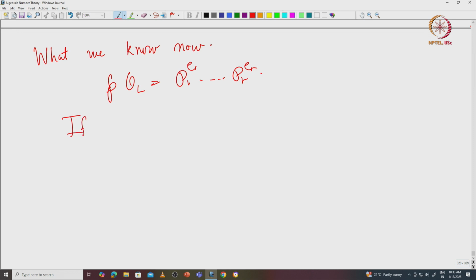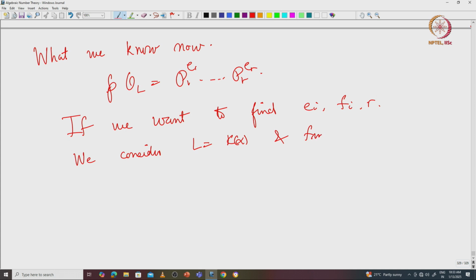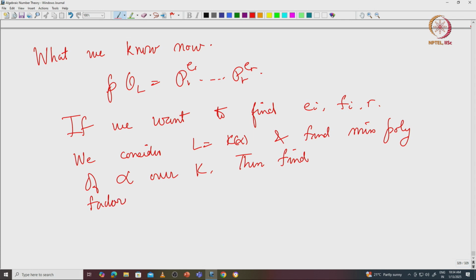So if we want to find the e_i's and f_i's and r, then what we do is consider L to be K alpha and find the minimal polynomial phi of alpha over K, then find the factorization of this minimal polynomial phi over K_p.